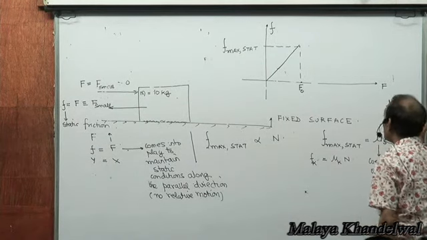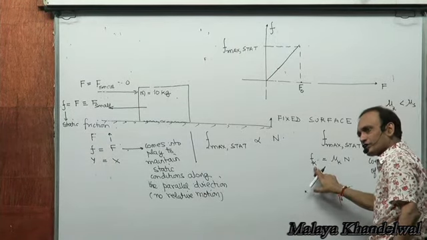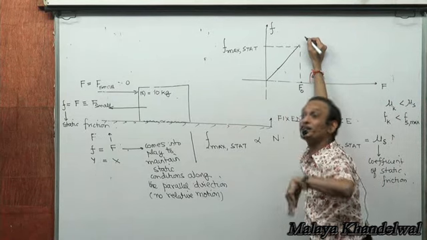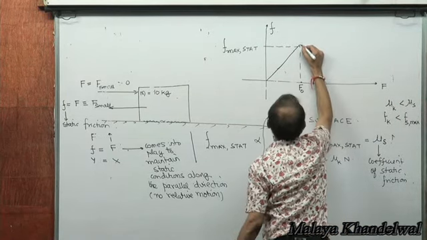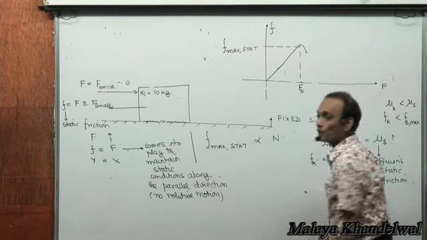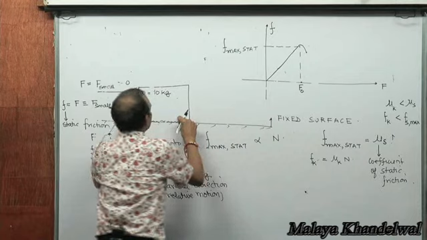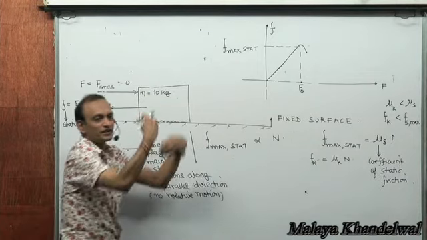And if mu k is less than mu s, then once relative motion starts, the kinetic friction Fk will be less than Fs max, maximum static friction. Right? So beyond this point, relative motion starts and the value of friction will decrease a little bit. These interlockings have melted, relative motion starts, friction decreases.